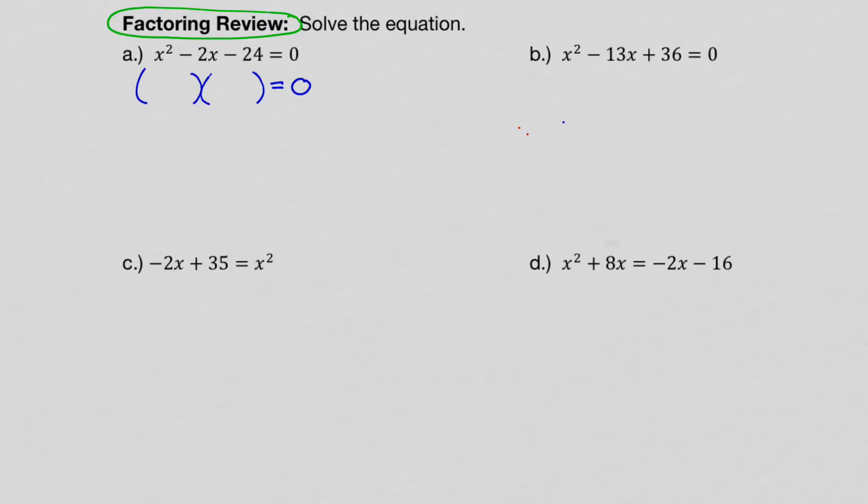But basically, you want to do what times what is x squared? It's x times x. And then negative 24 could be 1 times 24, 2 times 12, 3 times 8, 4 times 6. Any one of those combinations, but we need a negative 2 through subtraction, okay?